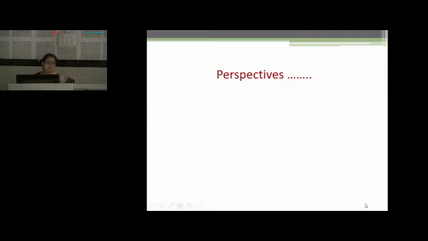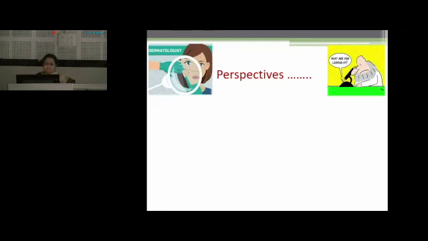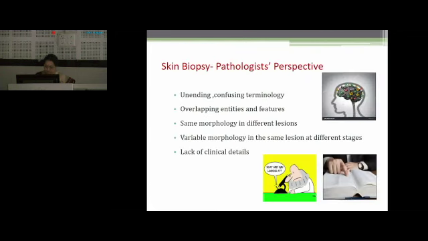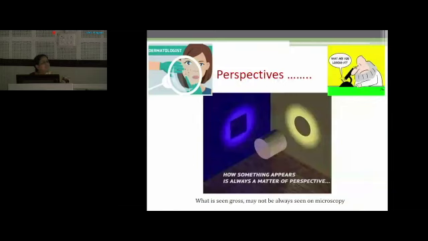Pathologists and dermatologists both have different perspectives for skin biopsy. Most of the times, dermatologists are not willing to go for biopsy, and we can see various causes for that.